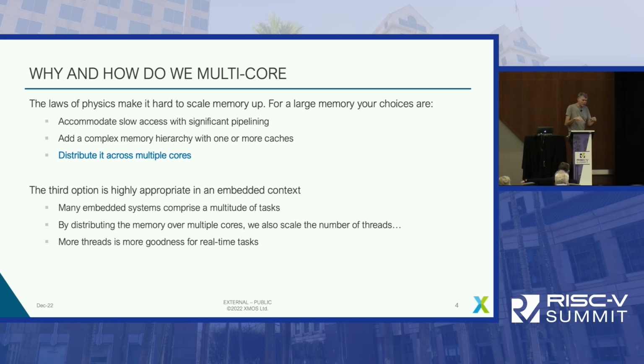Alternatively, we could have a system with a cache architecture, but that would make the real-time aspect much more difficult to argue about. So we use distributed memory across multiple cores, and each core offers a sort of shared memory to the 8 thread contexts.